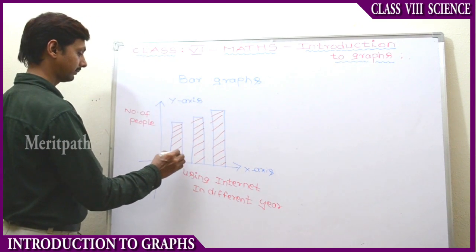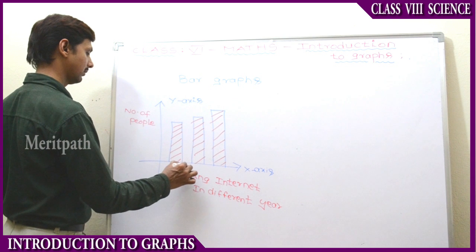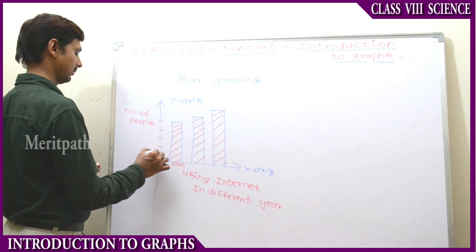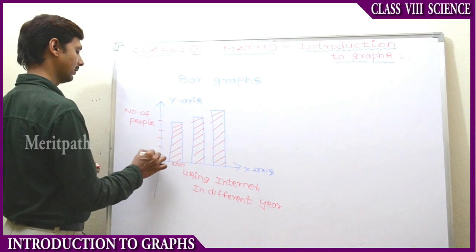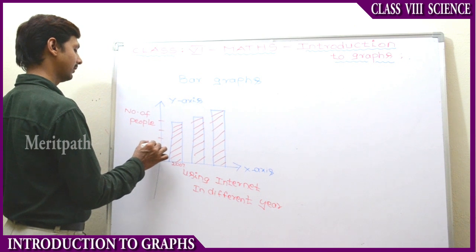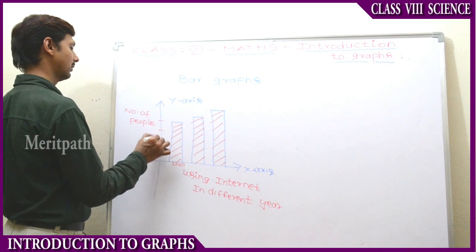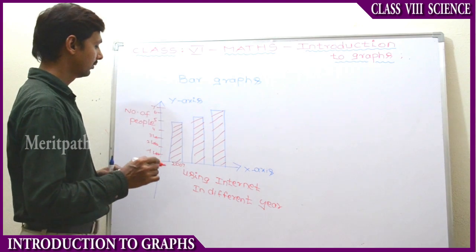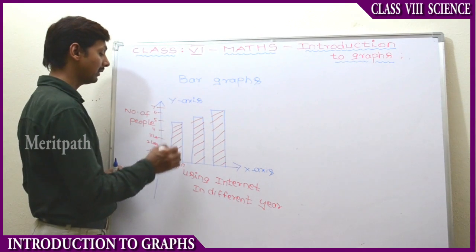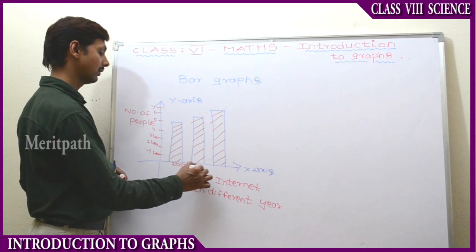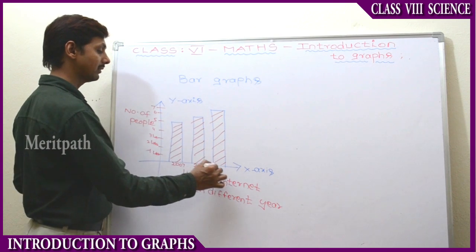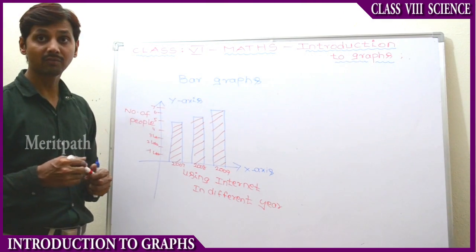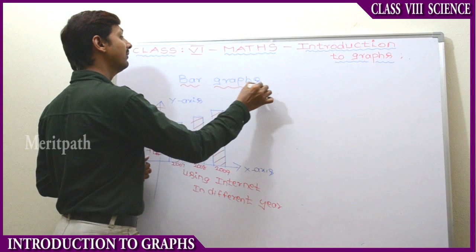In 2007 it is 1 lakh, and 2 lakhs, 3 lakhs, 4, 5, 6 and 7 lakhs. So in 2007, 5 lakhs of the people are using internet, and in 2008, 6 lakhs, and in 2009, 7 lakhs. It is increasing. So this kind of graph is called a bar graph.